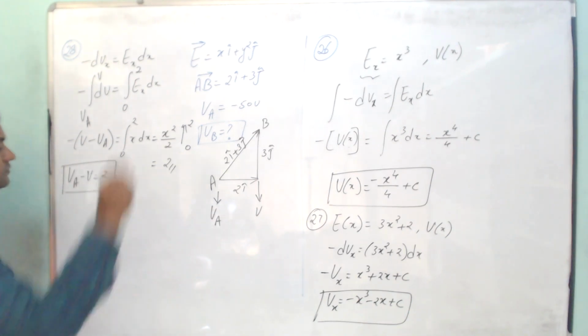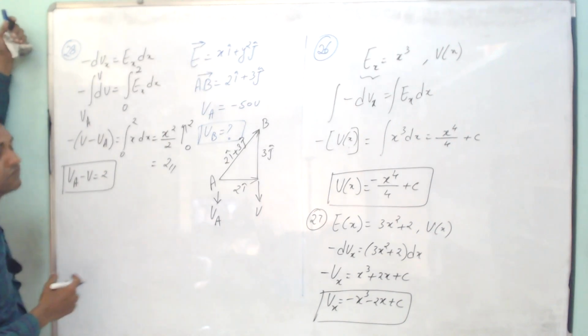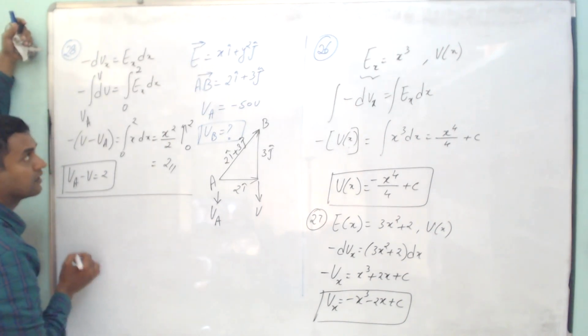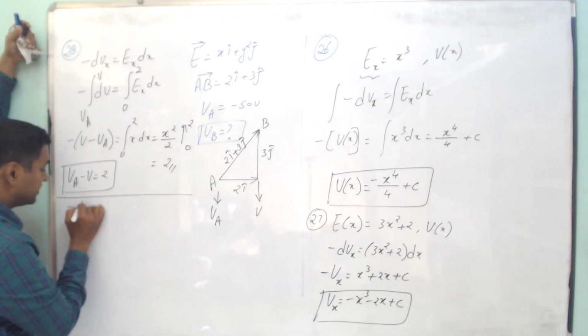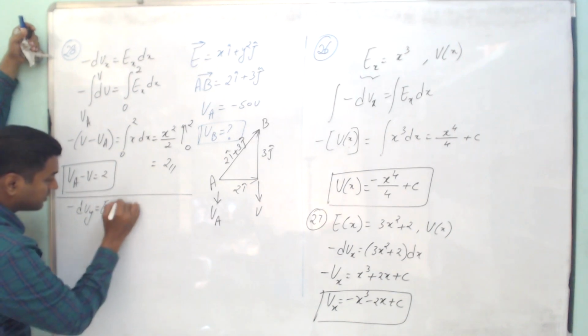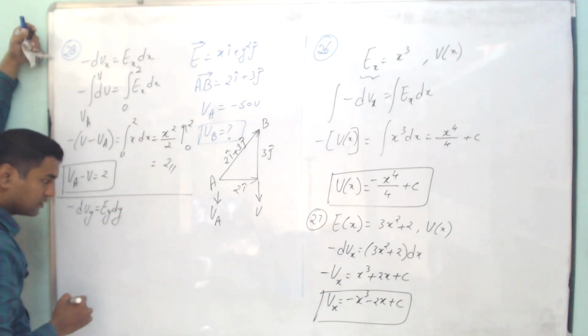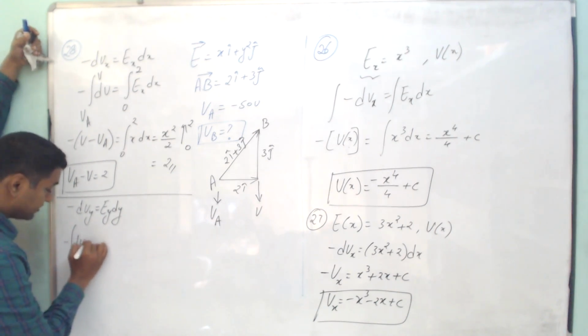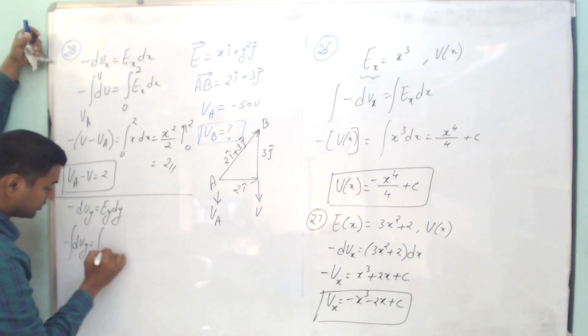Next, let us do the Y part. Minus dVy is equal to Ey into dy, correct? That means integral of minus dVy is equal to integral of Ey dy.